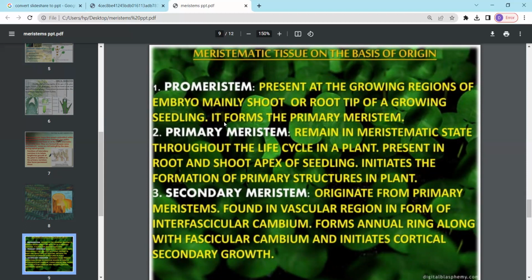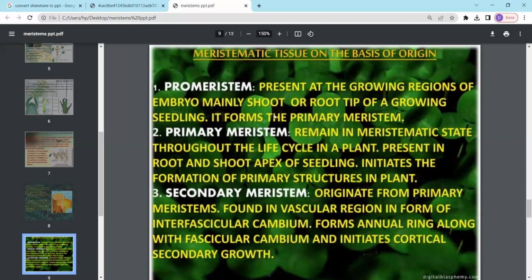The second classification is based on the origin. Promeristem is present at the growing regions of the embryo.